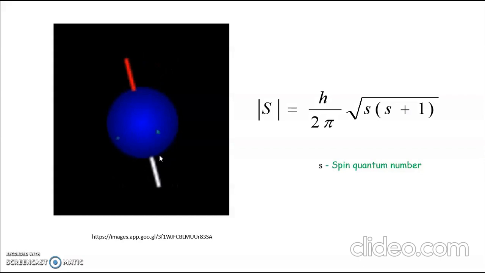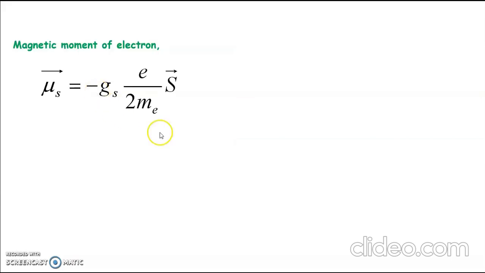For an electron being a charged particle, the spinning electron gives rise to a magnetic field whose axis coincides with the axis of spin, so they are equivalent to a minute magnet, and this magnetic moment will be associated with the spin as mu s.